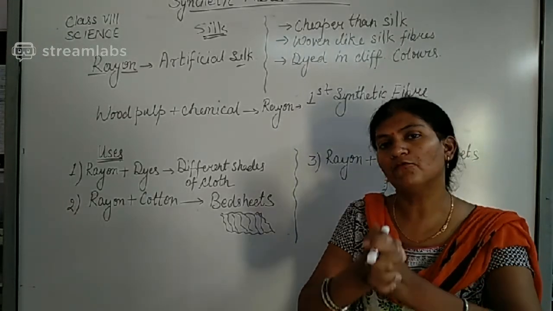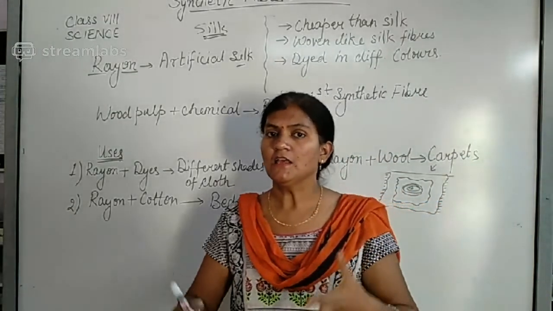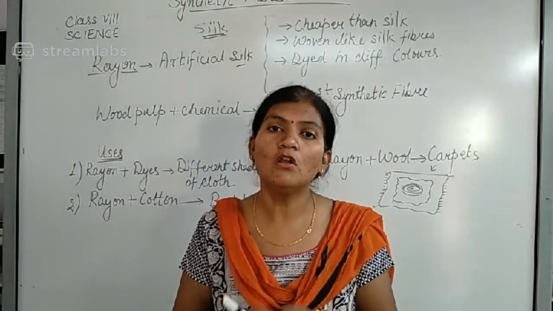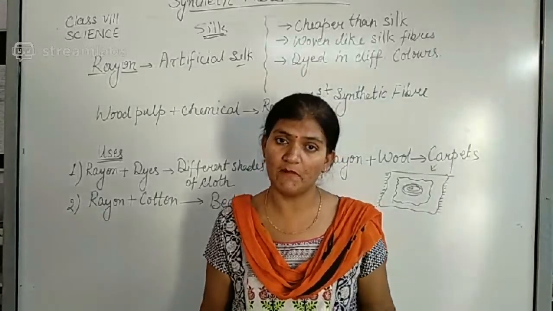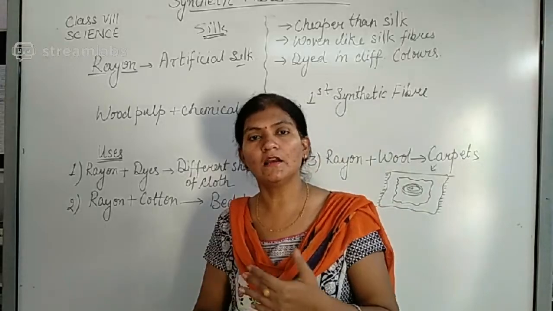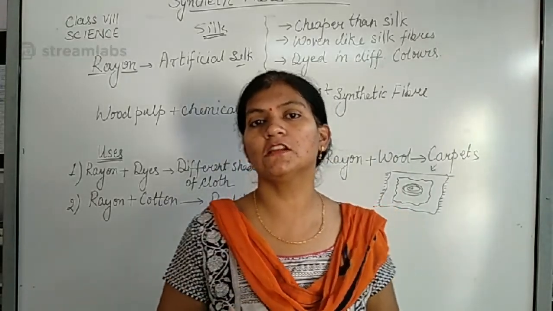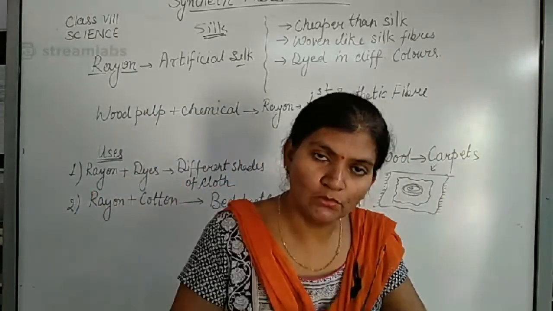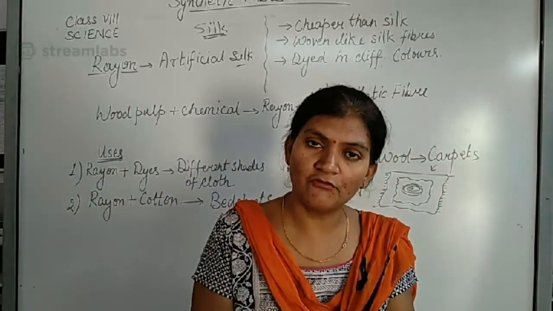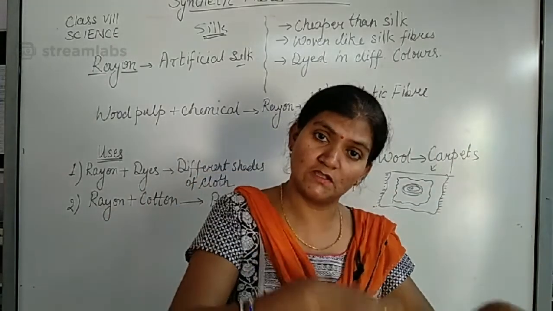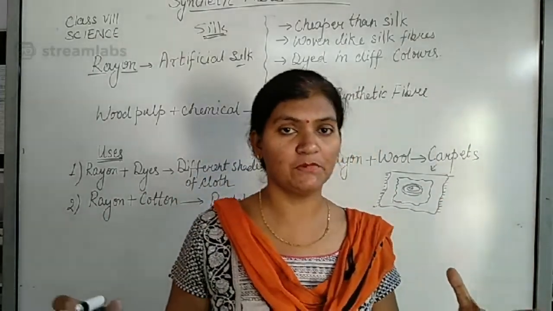But students, there was a problem with silk. Silk was very costly, and all of us don't have enough money to buy silk. So sooner or later an alternative to silk was made, a new type of fabric in the market that has the original properties of silk, and that may be cheaper.